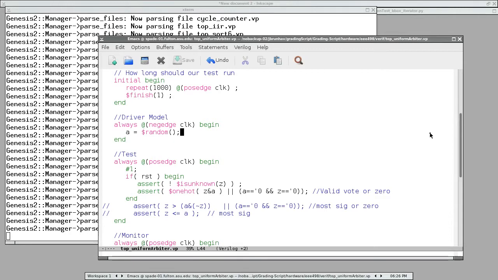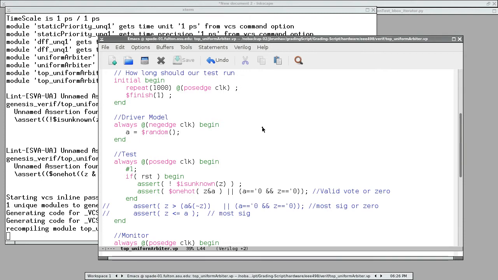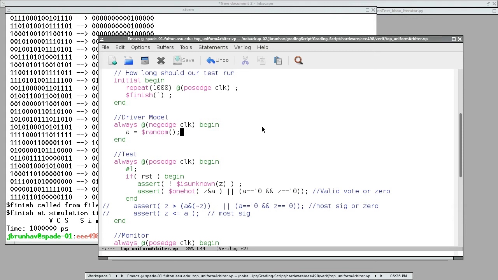So then the next question is, well, how do you know? If you've been reading up on Wikipedia about arbiters, you probably saw that this is sort of like the round robin arbiter.